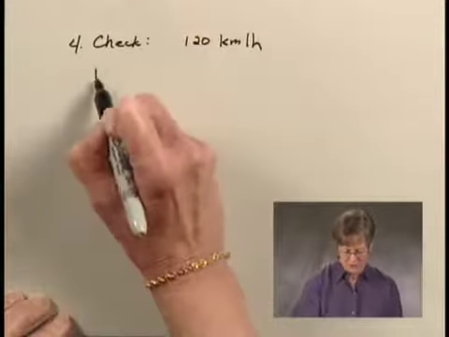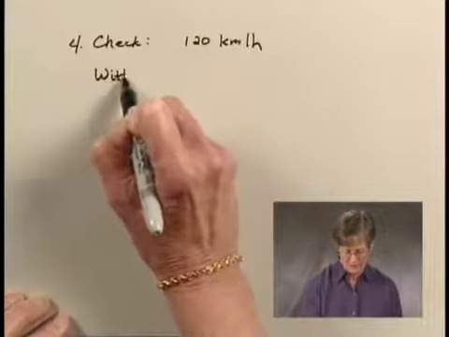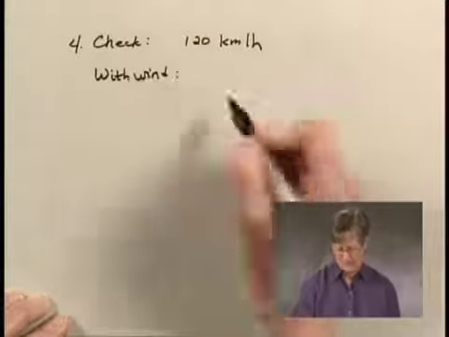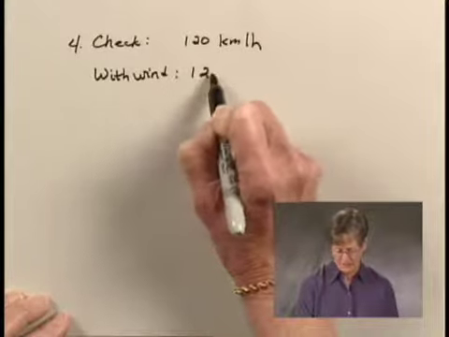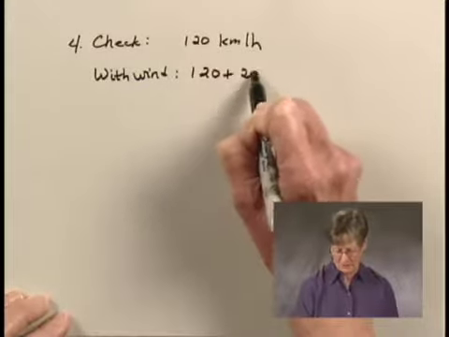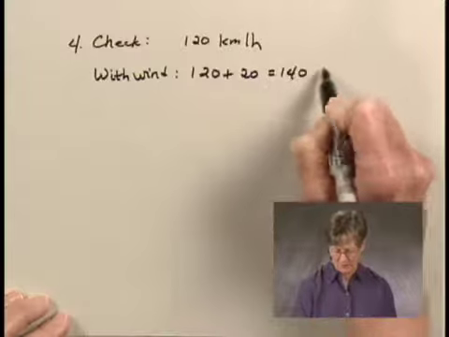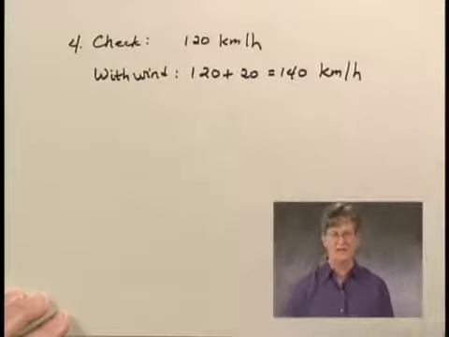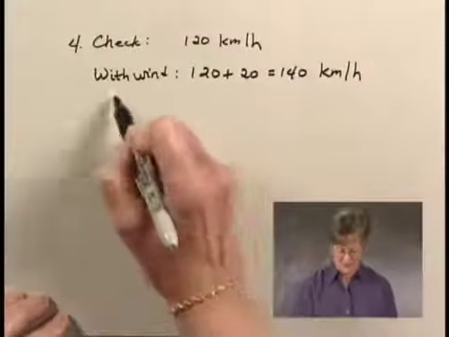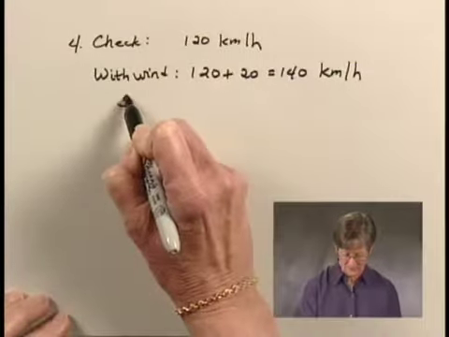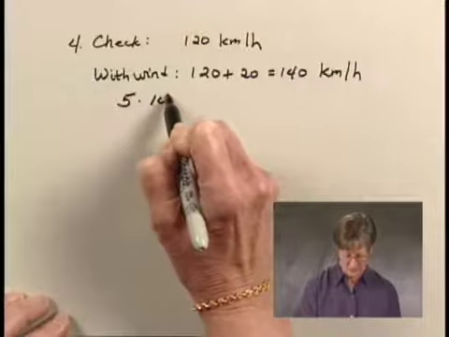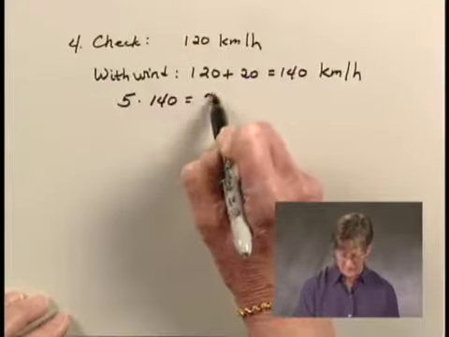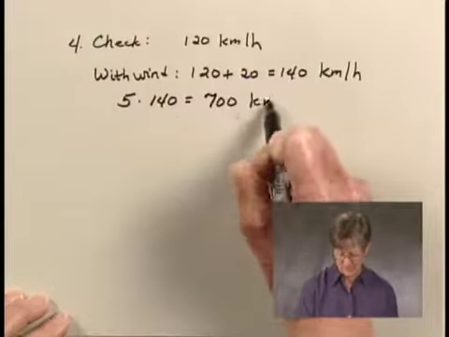If the plane is traveling with the wind, and the wind is 20 kilometers per hour, its speed with the wind is going to be 120 plus 20, or 140 kilometers per hour. And we're told that the plane travels a certain distance in 5 hours at this speed. So in 5 hours, it travels 5 times 140 kilometers, and that is 700 kilometers.